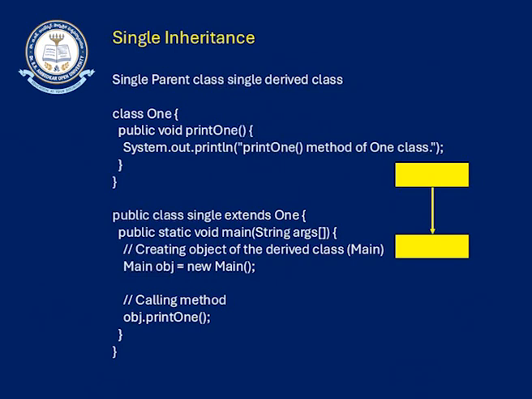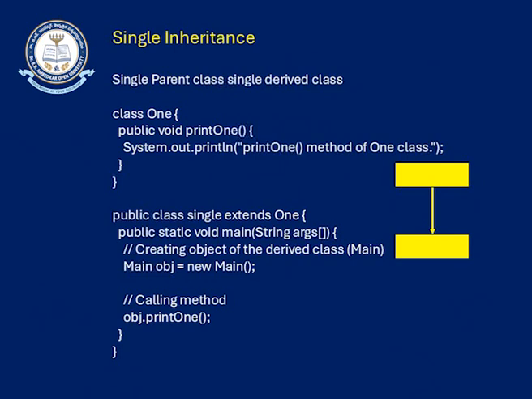Now, why did I leave both boxes empty? Because you should identify which class it is. The above box indicates the parent class, the below box indicates the derived class, the child class. Now, the arrow is directed from parent to child. Why is it directed like that?